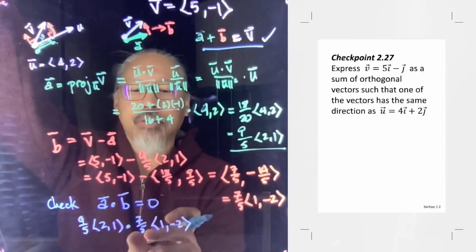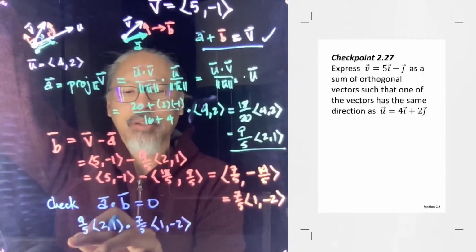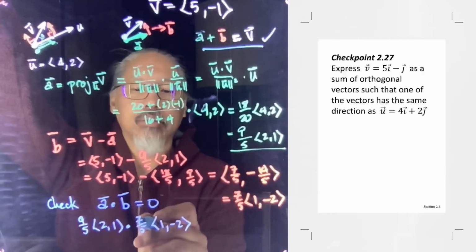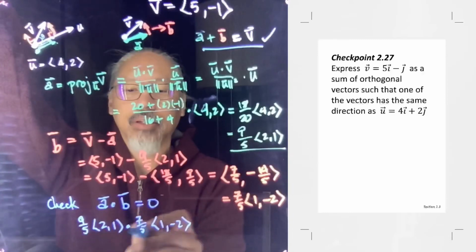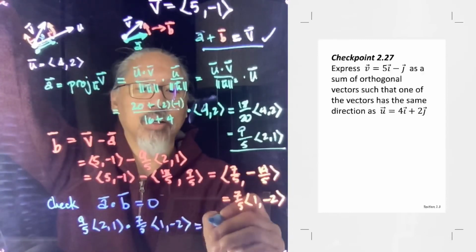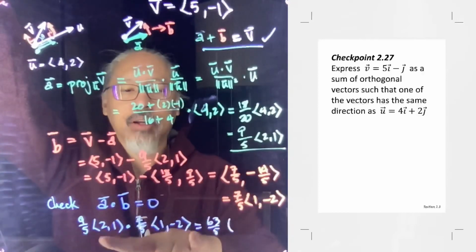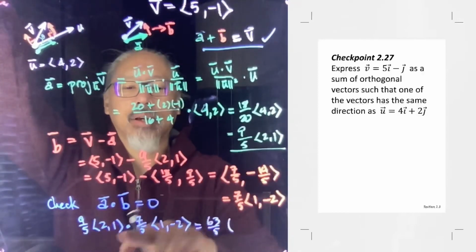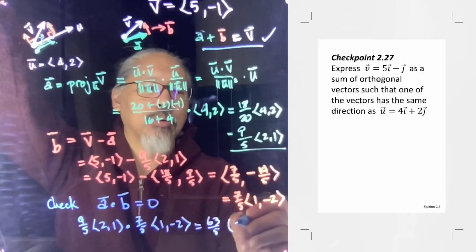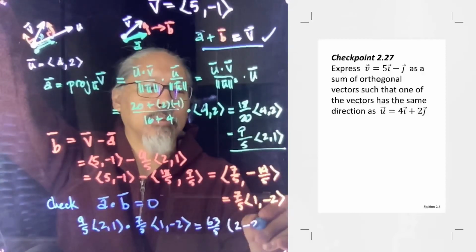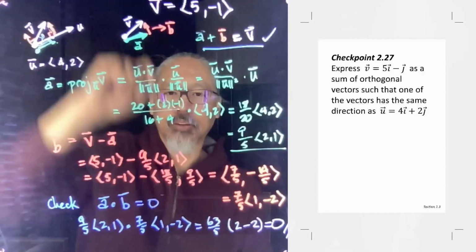This is one of the properties of the dot product: if you have constants, we can take them out. So let's multiply 9 and 7 is 63, 5 and 5 is 25. And now let's take the dot product of these two vectors. So we have 2 times 1 minus 1 times negative 2, and so that's going to give us a 0, and that's exactly what we're looking for.